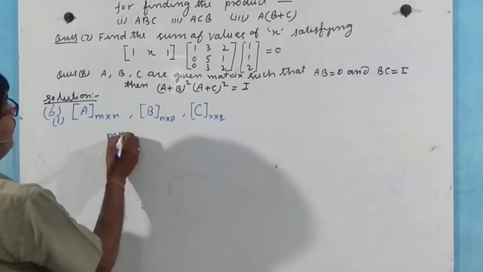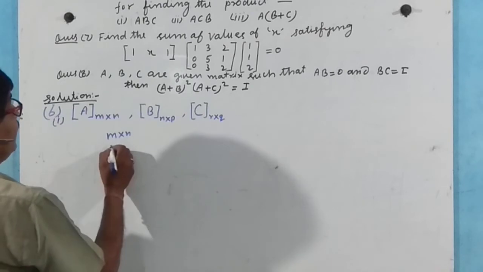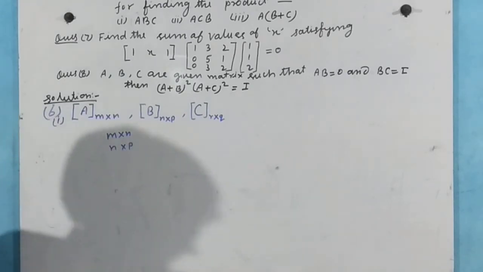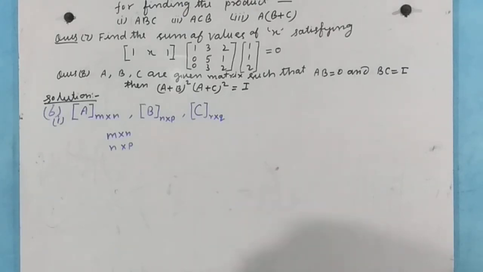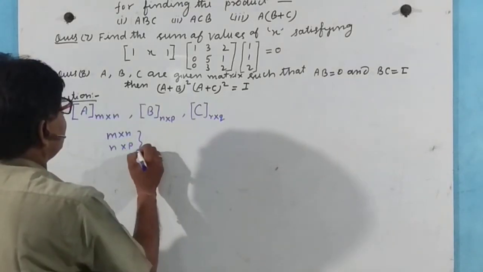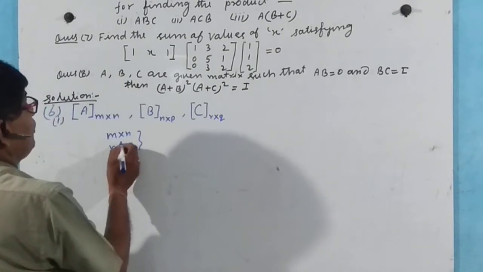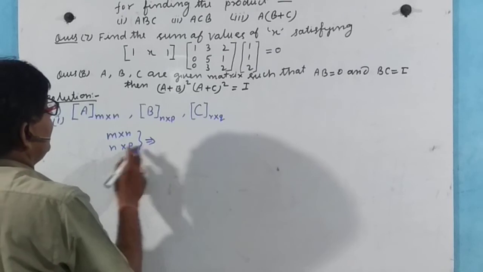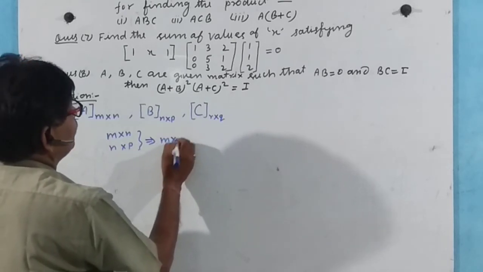Now M cross N and N cross P, the inner dimension N is the same, so we get the matrix AB of order M cross P.